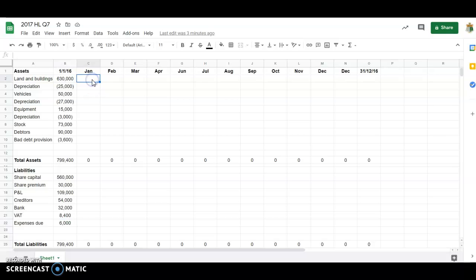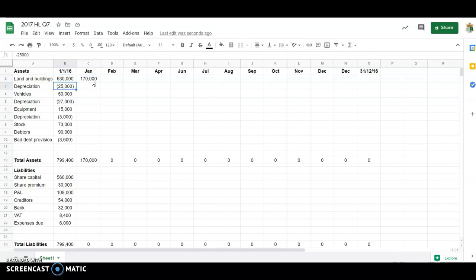I have my land and buildings in at a cost of 630, so 800,000 take away 630 is €170,000. That's what you're going to add on to your land and buildings to make them equal 800,000.